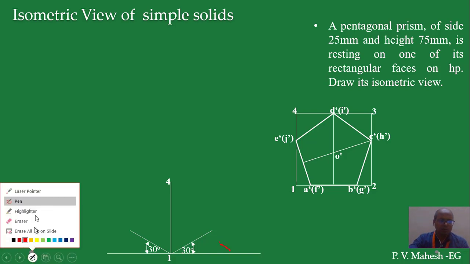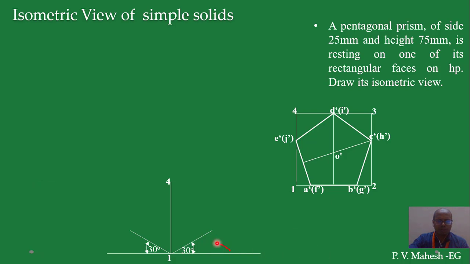So, in this direction this is the front view. So, 1, 4 is the vertical line, 1, 4 is a perpendicular line, and 1, 2 is a 30-degree line, and 4, 3 is a 30-degree line, and again 2, 3 is a perpendicular line. Now, what I have to do, I have to identify the points A, B, C, D in this.